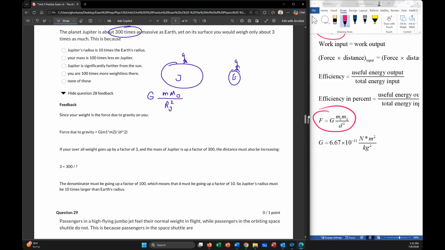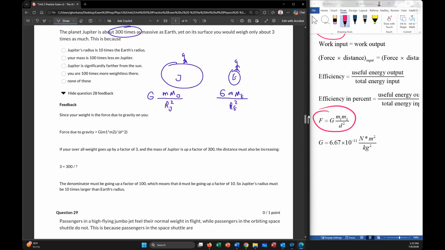And what is this force of gravity? Again, use the same formula. Good. G, mass of you, mass of Earth, good. Divided by, again, the distance between you and the center of Earth is going to be the radius of Earth squared. Good. But what is it telling? It's telling that you weigh only 3 times as much as when you are on the Earth.